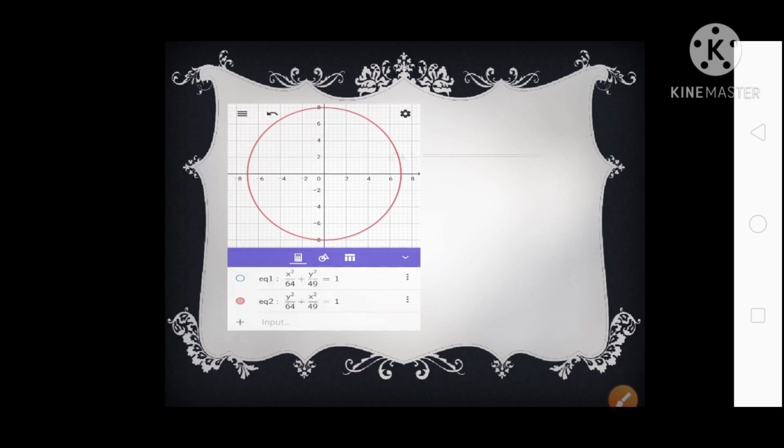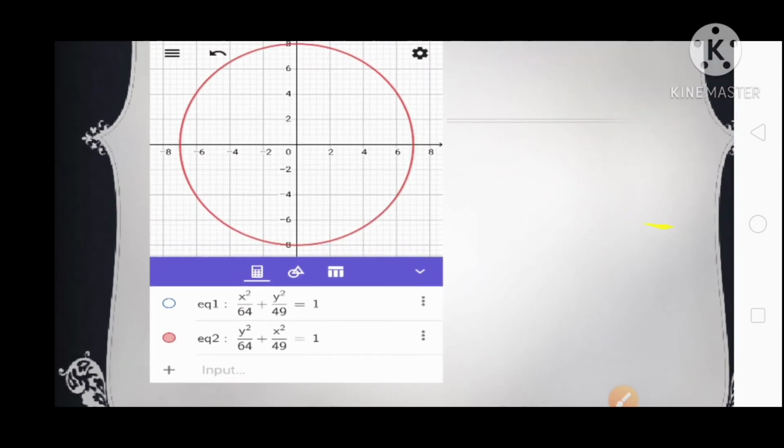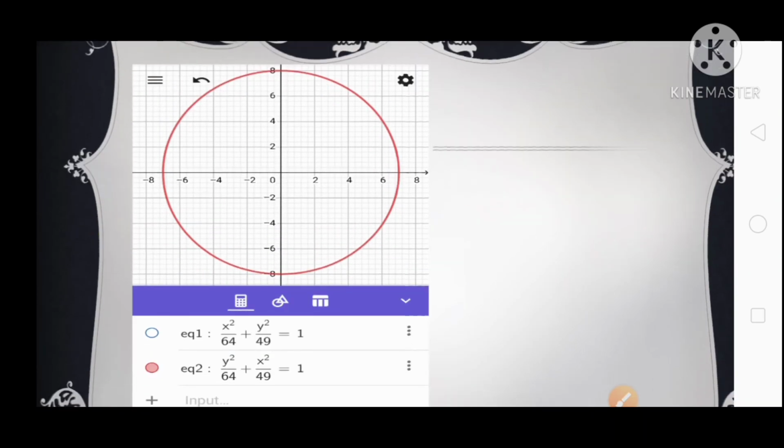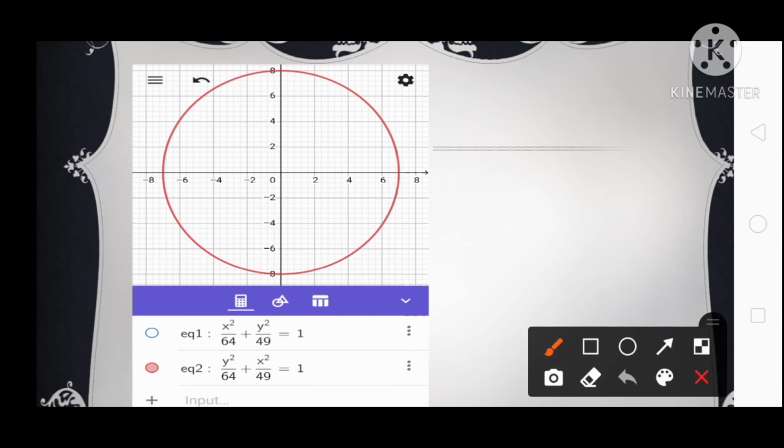Then, this is the graph of the vertically oriented ellipse. The same, from the center, let's count. From the center to the edge of our major axis, let's count 8 units, because this is the value of our a. The difference is our major axis is now located at the y-axis.